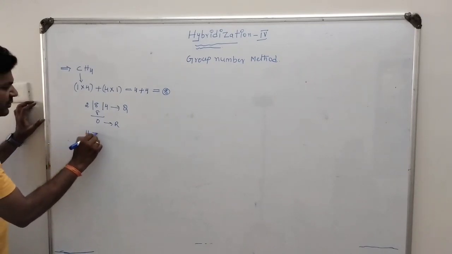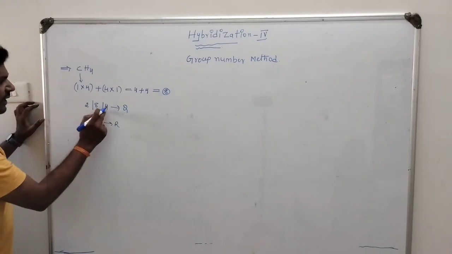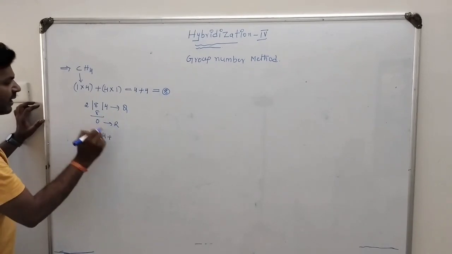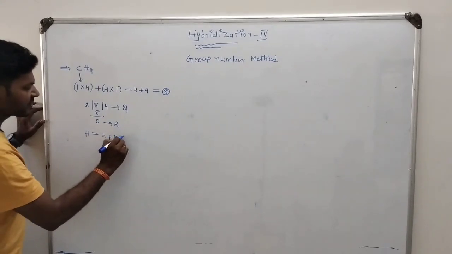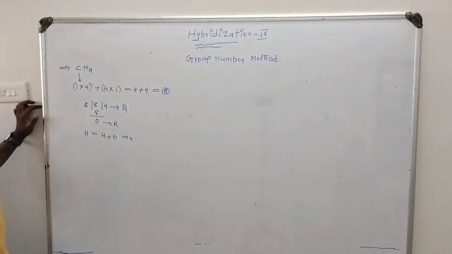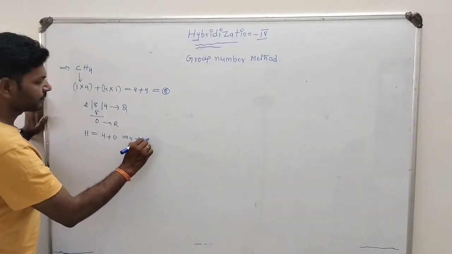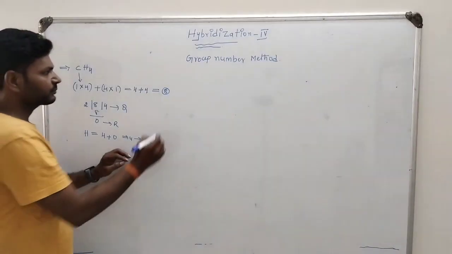Hybridization H equals quotient value 4 plus remainder value 0, which is 4. 4 means sp3 hybridization.